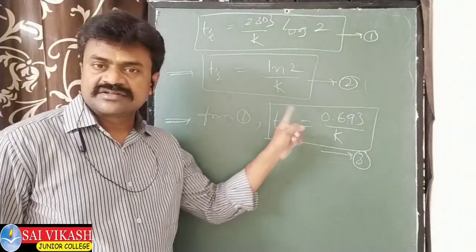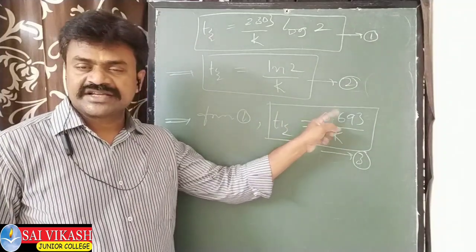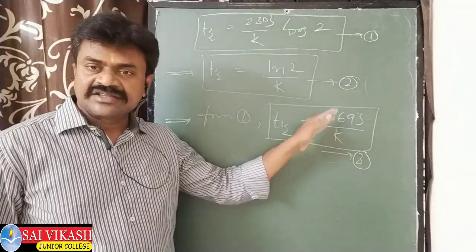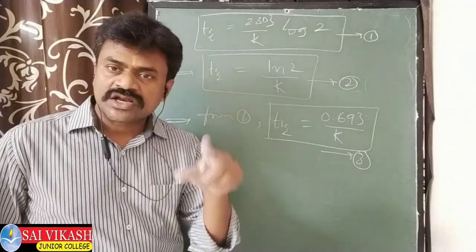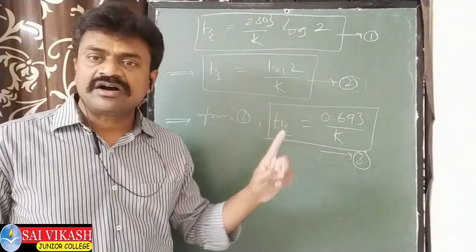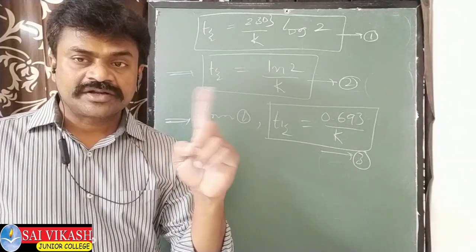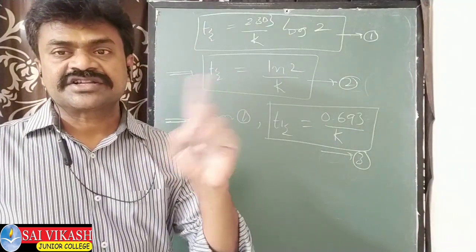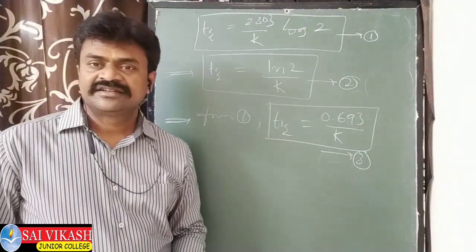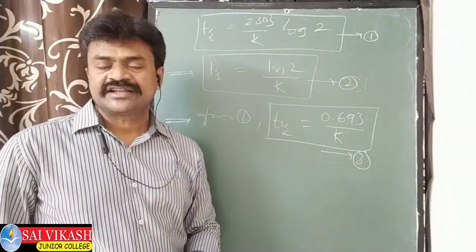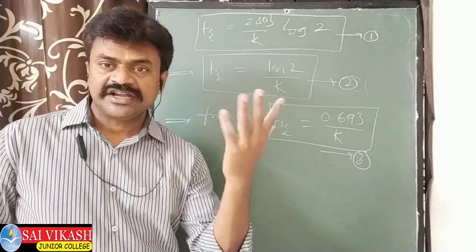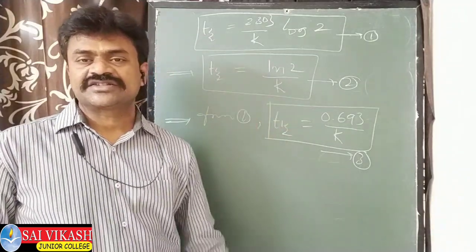In this, t half equal to 0.693 by k. 0.693 is constant, k also constant. So all are constants, meaning t half does not depend upon the initial concentration of the reactant. For the zero order, it is directly proportional, but here it is independent of the initial concentration.